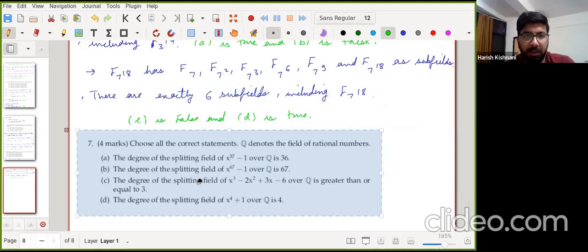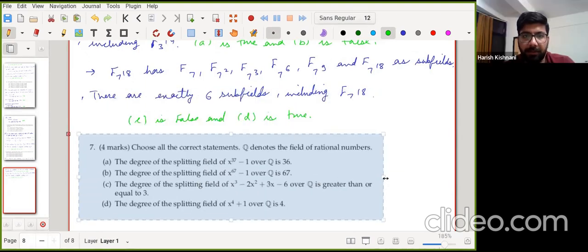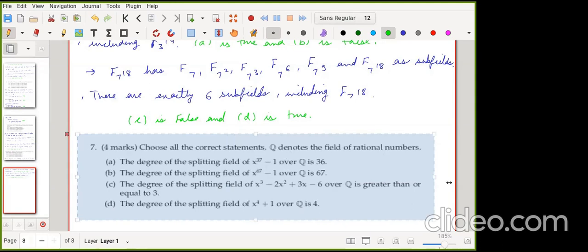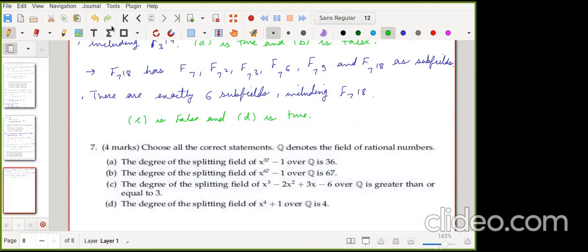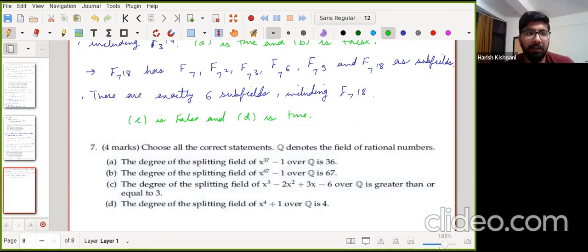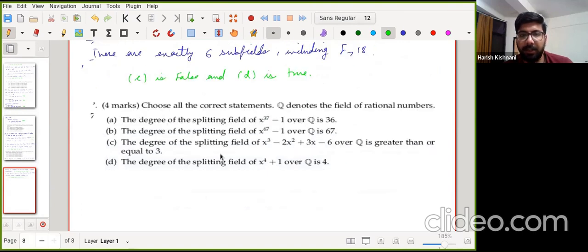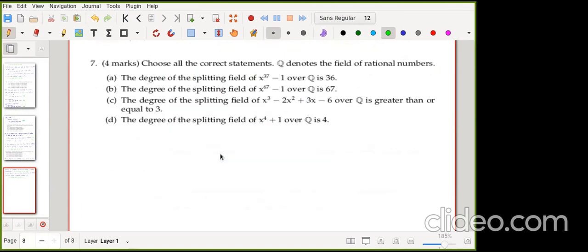So choose all correct statements. Q denotes the field of rational numbers, and we consider the splitting field. So the degree of the splitting field of x raised to 13 minus 1 over Q is 36.